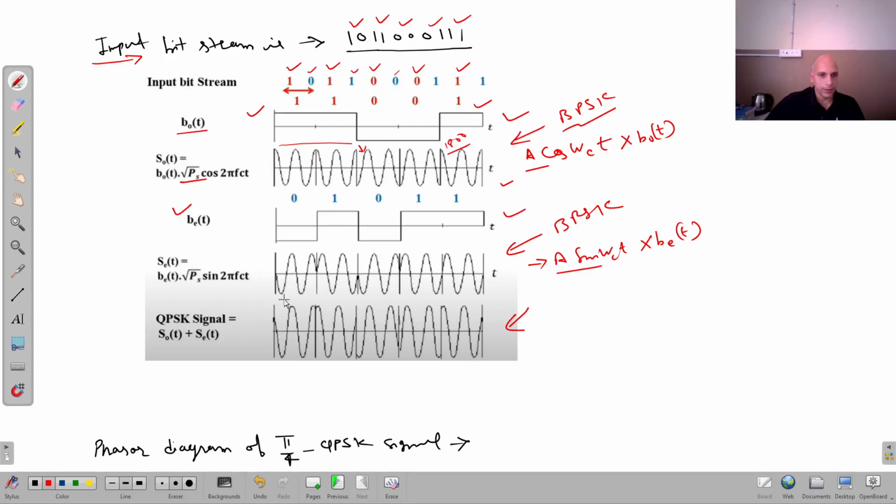Similarly, in this case, you can see here 0 and then it is 0 1. 0 means this, 1 means a 180-degree phase difference. So 0, and then 1, you can again see the difference. So this is the way these two different carrier waves are modulated by the BPSK technique, right?